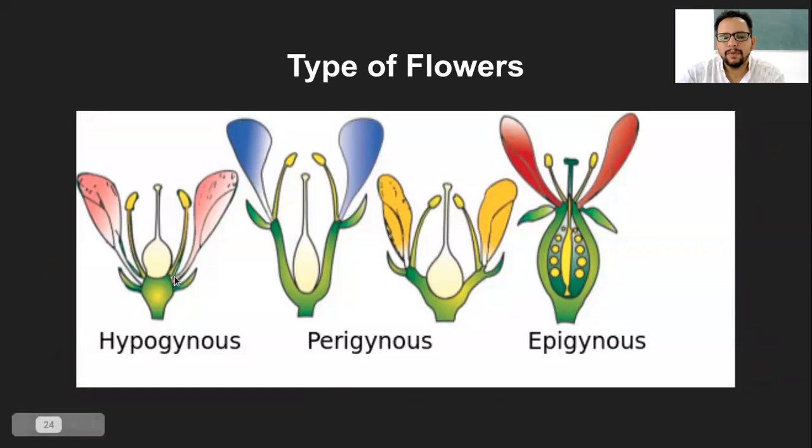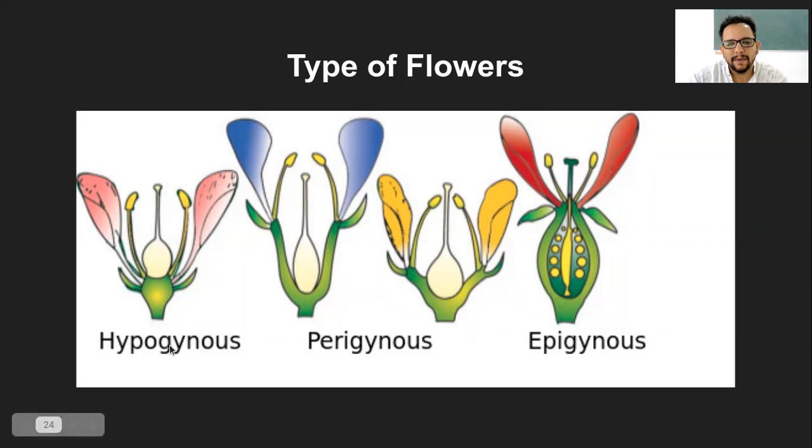Based on the position of the ovary, flowers are classified into three different types. There are various ways of classifying flowers, and this is one of them, with respect to the position of the ovary. That is hypogynous, perigynous, and epigynous. Hypo means below, peri means around or along the periphery, and epi means on the top.